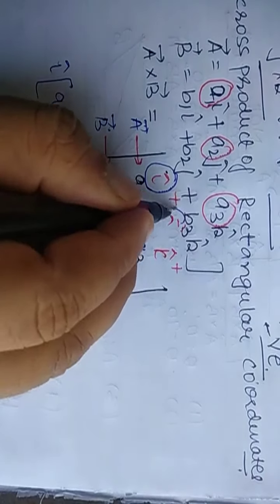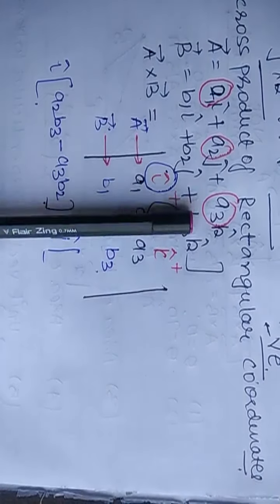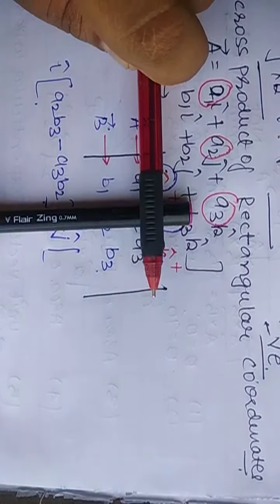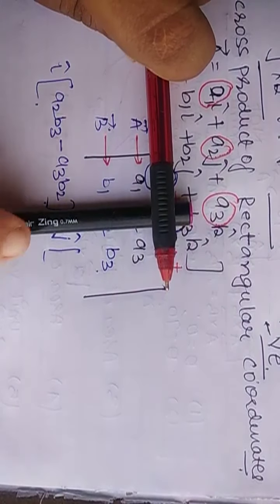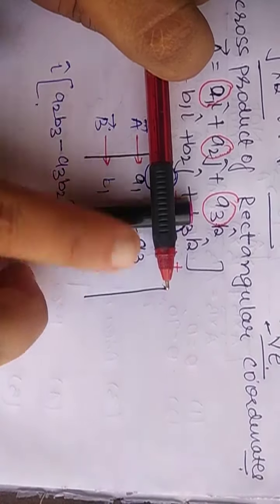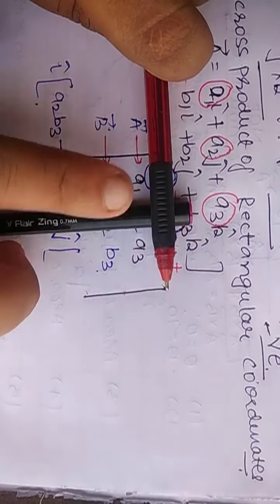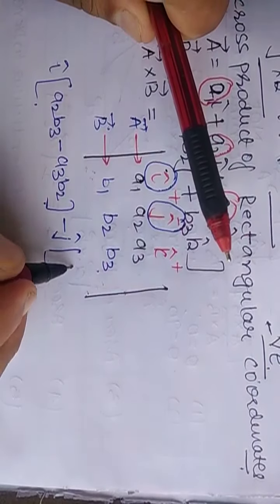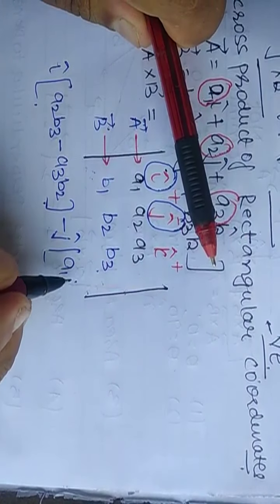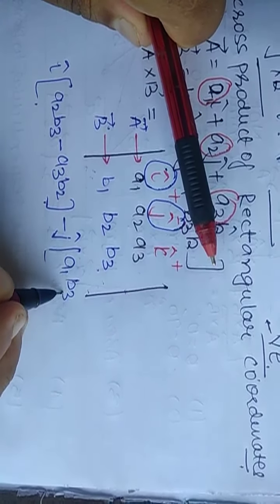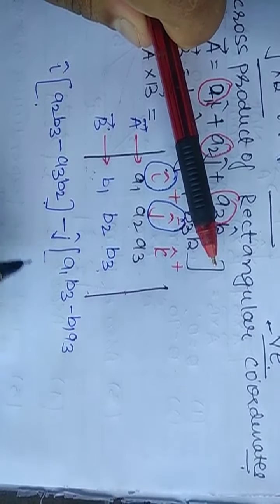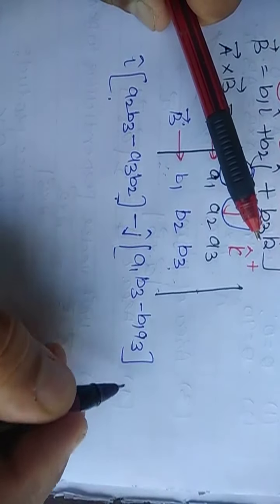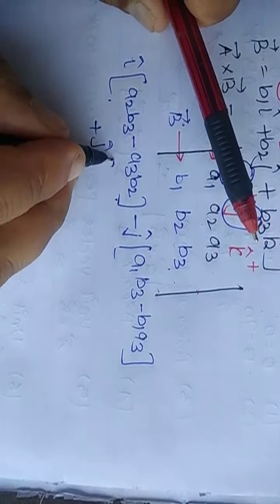Now you circle j cap. Again let us close this one. Again you are able to see four numbers: 1 2 3 4. So a1 b3 minus b1 a3. So the answer will be a1 b3 minus b1 a3, bracket close, plus j cap.